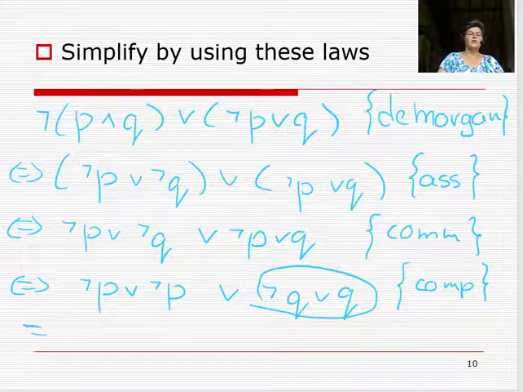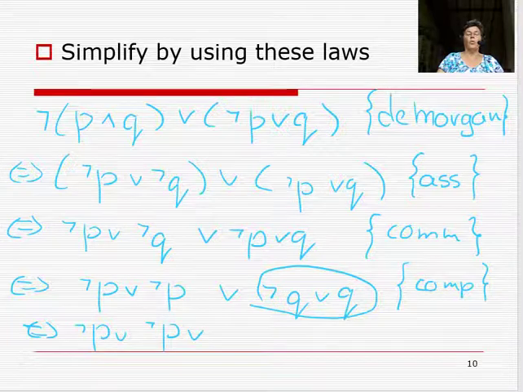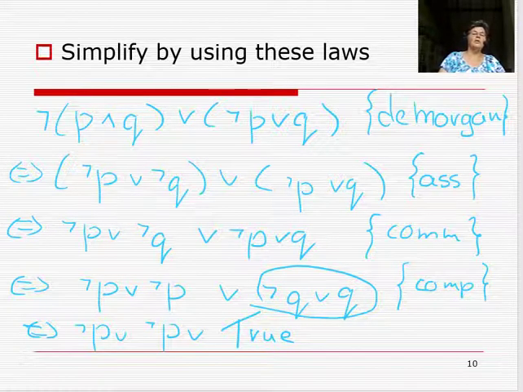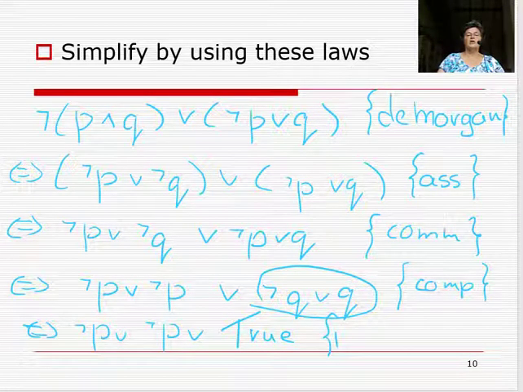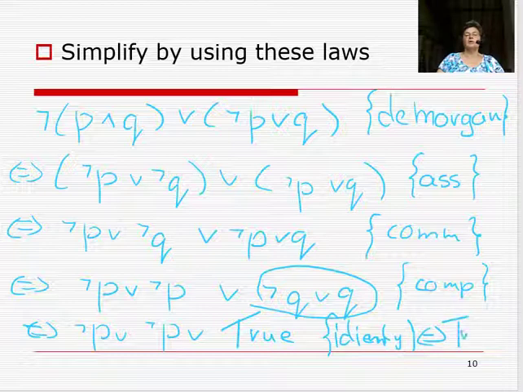And that will give us not P or not P, or, complement law, true. Not Q or Q gives us true. Okay, and then let's forget all things on the left, because identity law tells us that if I have an or with true, then this will result in true again. So the final answer is true.